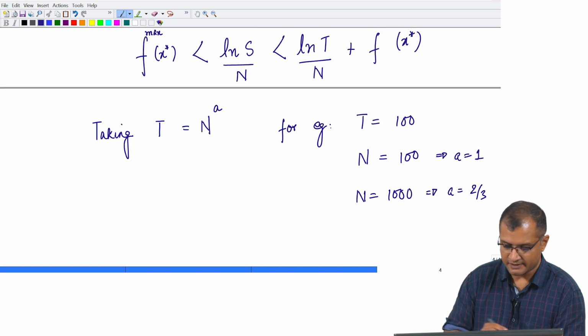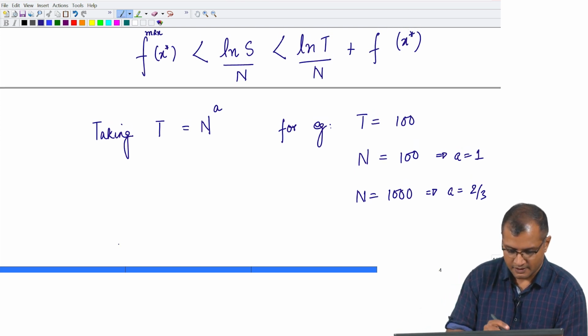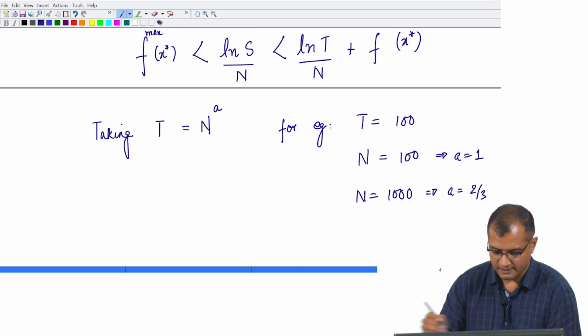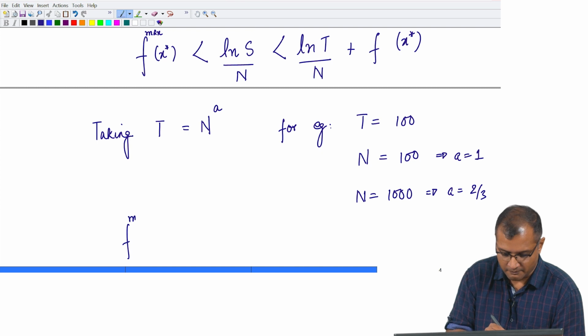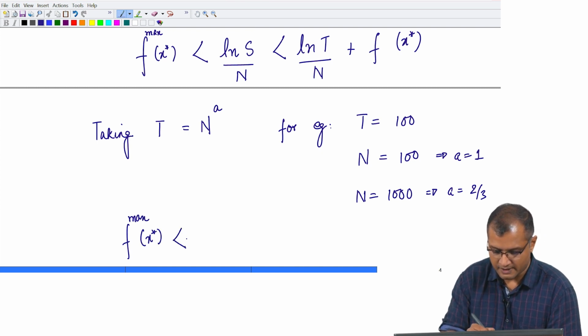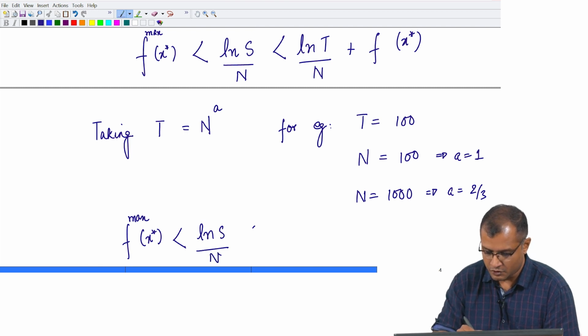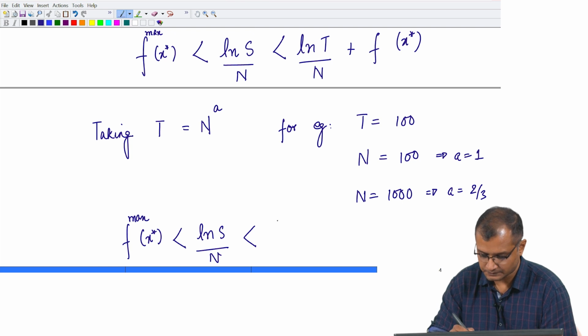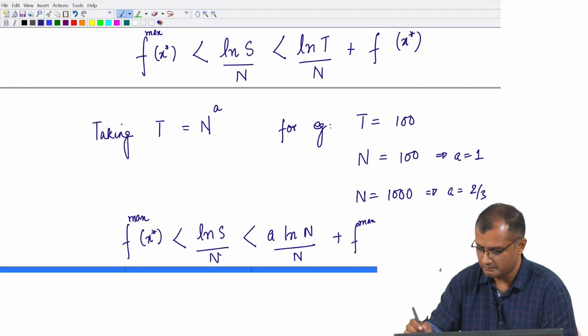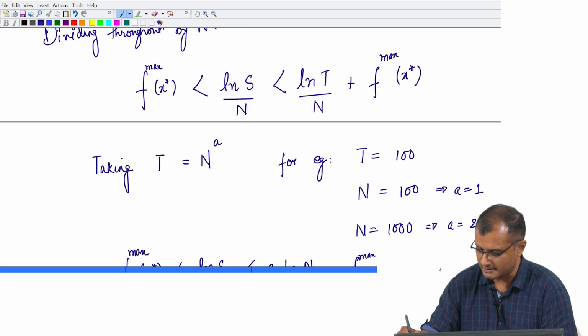So, this inequality is now recasted, with the substitution t as n to the power a, as f maximum at some x star, this will be less than ln s by n, which should be less than a ln n by n plus f maximum at x star.